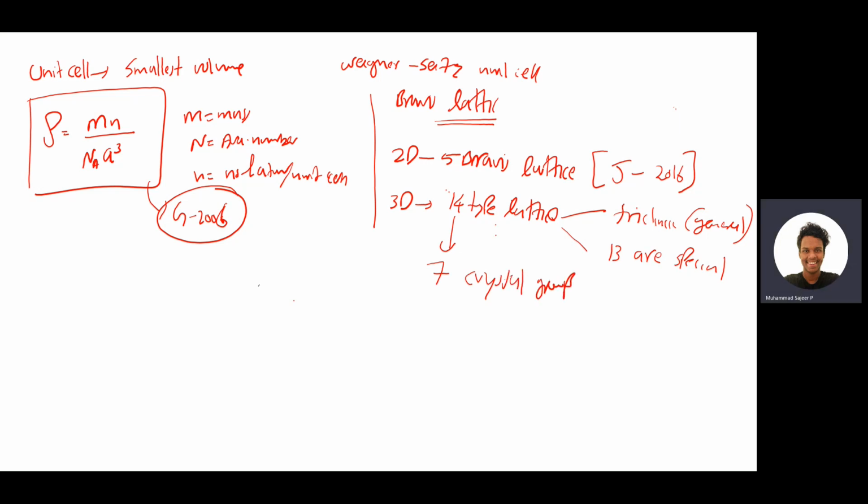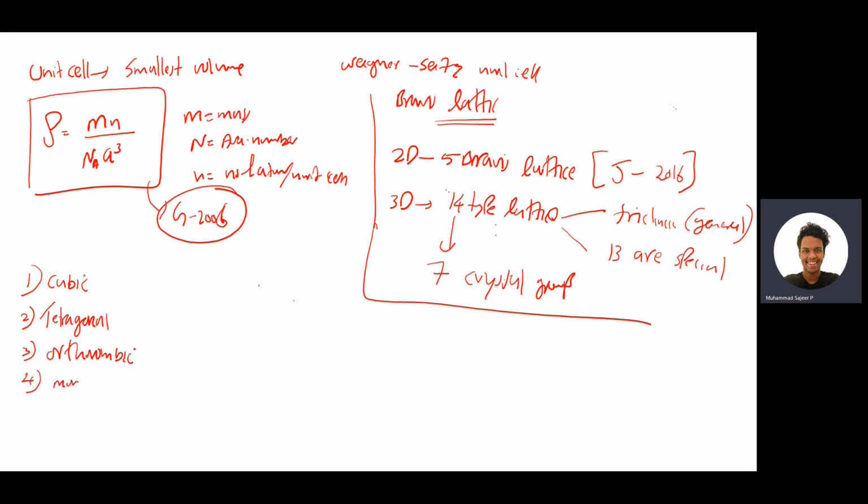That we know, right? I'll tell you how we can remember all these things. I'll number the 7 crystal groups. One is cubic. Second is tetragonal. Then we have orthorhombic.